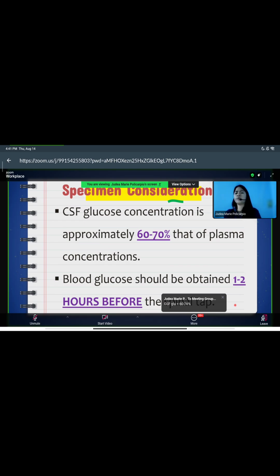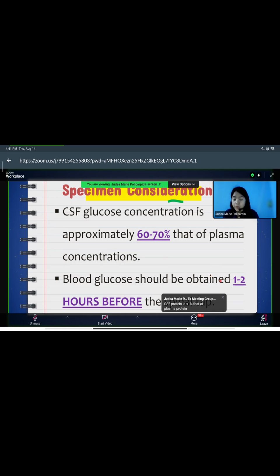If you were to compare CSF protein with that of the plasma concentration, ilang percent pala ang CSF protein natin compared to the plasma protein natin? Ingat kayo ha, ibang usapan ang protein sa glucose. Ang glucose, 60 to 70% siya.